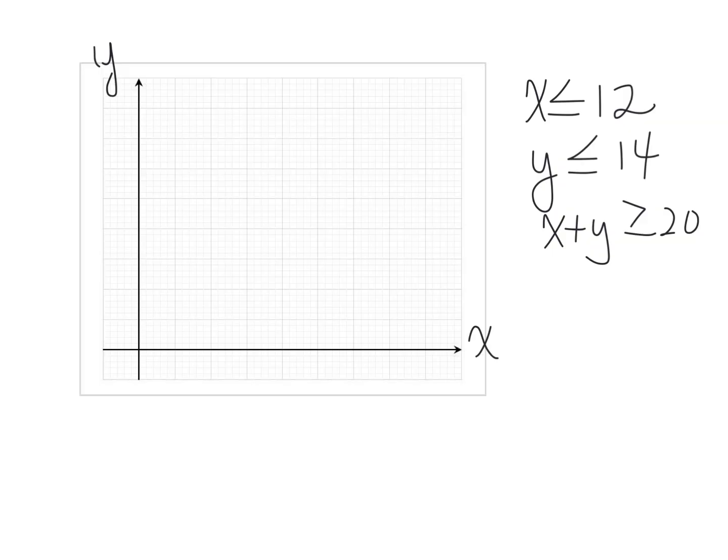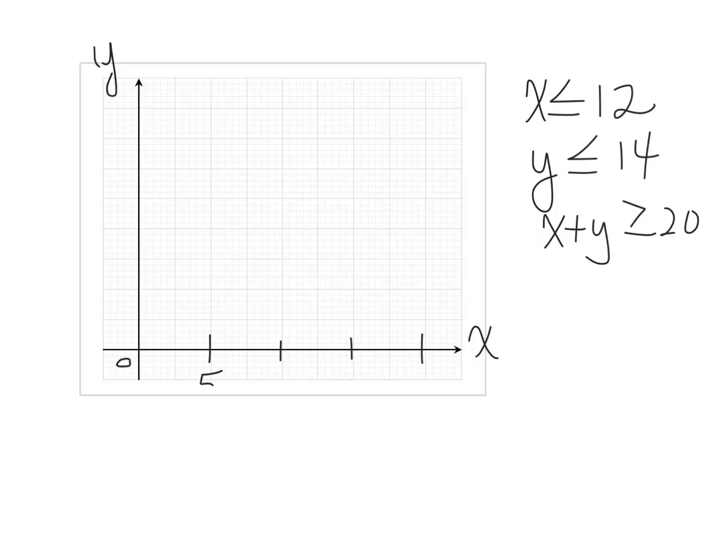So what we're going to do is pretend it is an equality. So we're going to graph x equals 12 because she could work 12 hours in the cafeteria, 12 hours or less. X equals 12 is a vertical line stemming from the point 12, 0. So I guess first we need to label the axes. Of course, this is the origin at 0, 0. I'm going to maybe divide them up like this.